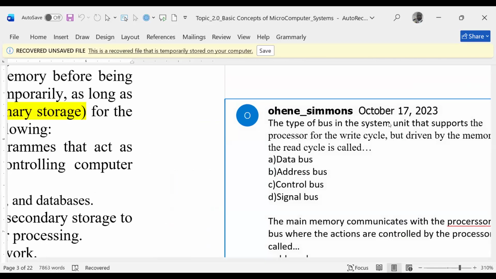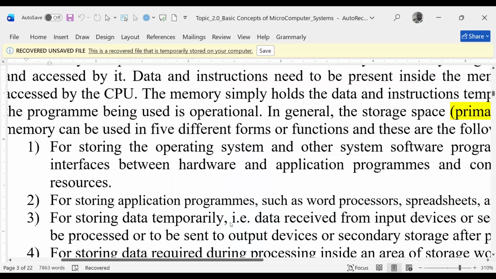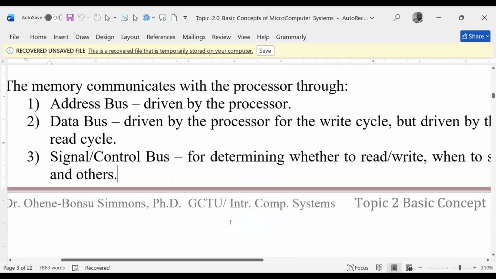Data bus. And here it has two ways. The processor writes and then the memory reads.